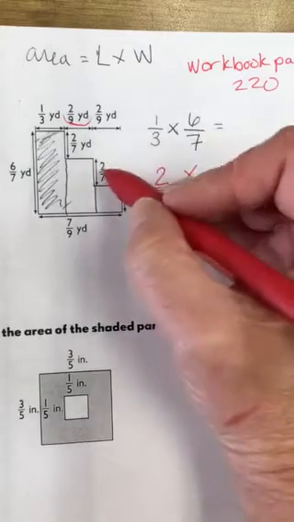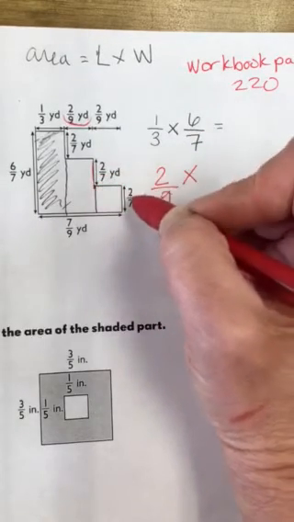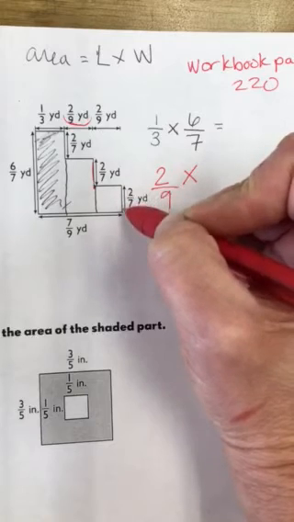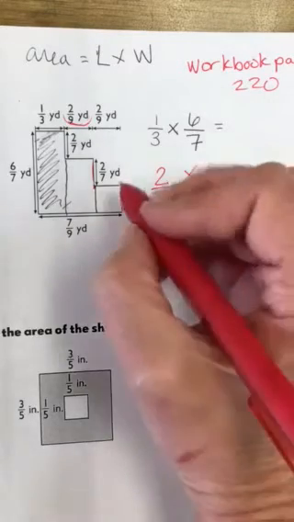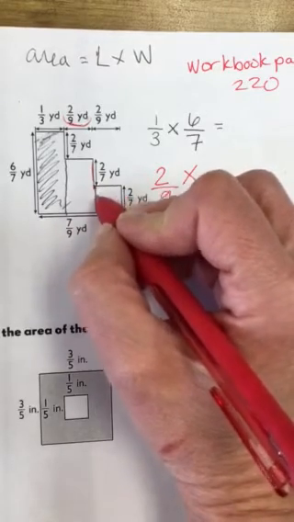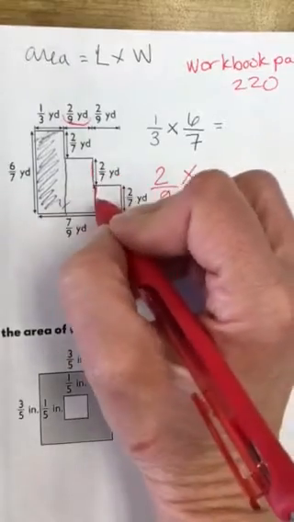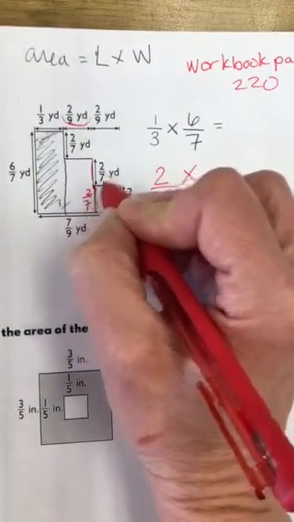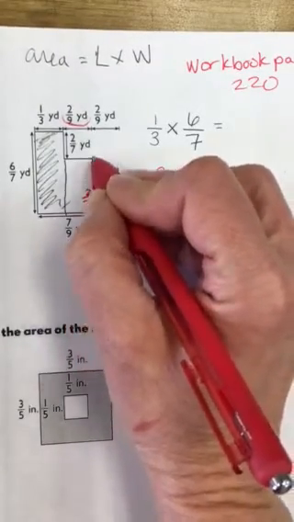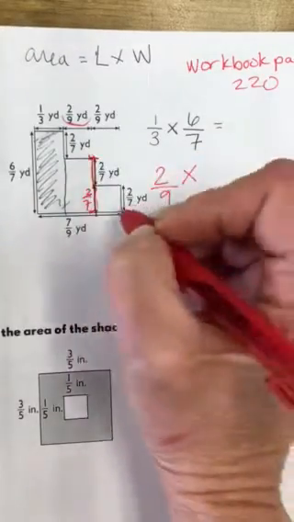But what I can do is visualize that this value 2/7 plus this value here, I can assume that this 2/7 is the same height as this 2/7, and therefore if I add 2/7 plus 2/7, that will give me the full value of the length of this rectangle.